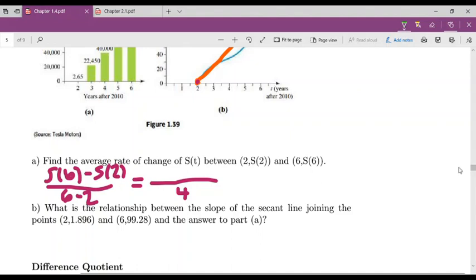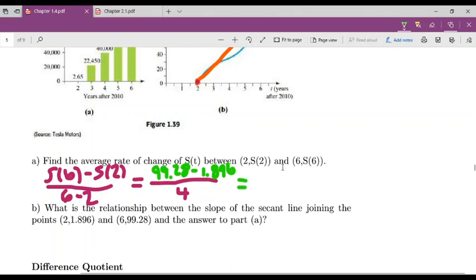Now, I can already tell you that those numbers are going to be 99.28 and minus 1.896. So double check them, make sure you can get those once you type those 2 in.